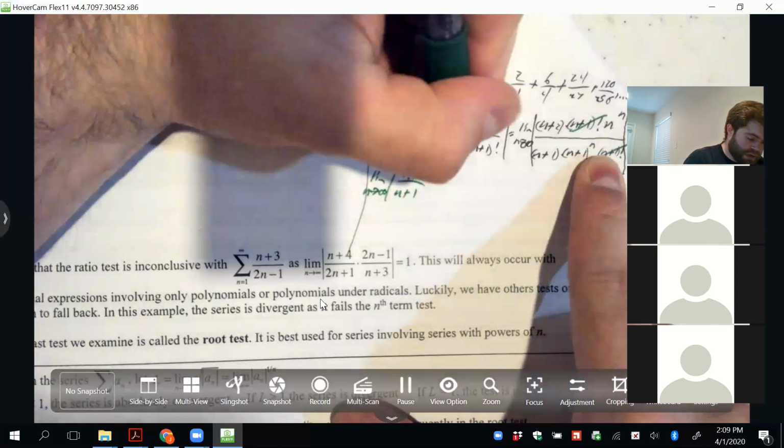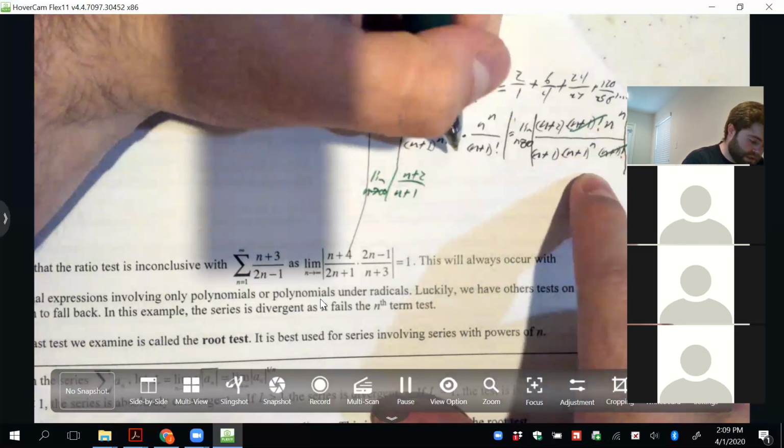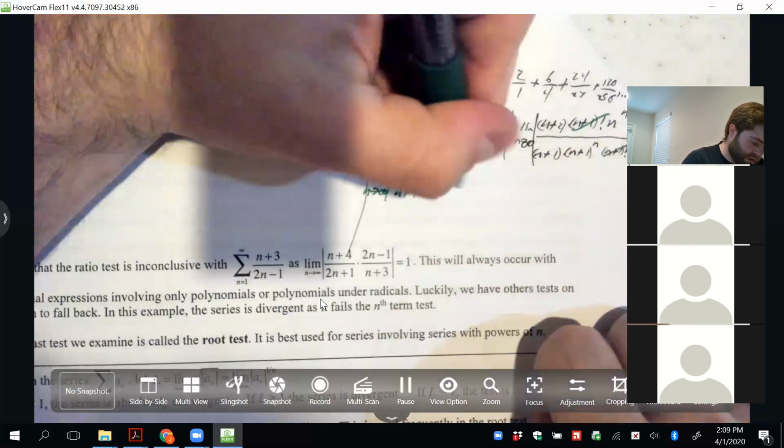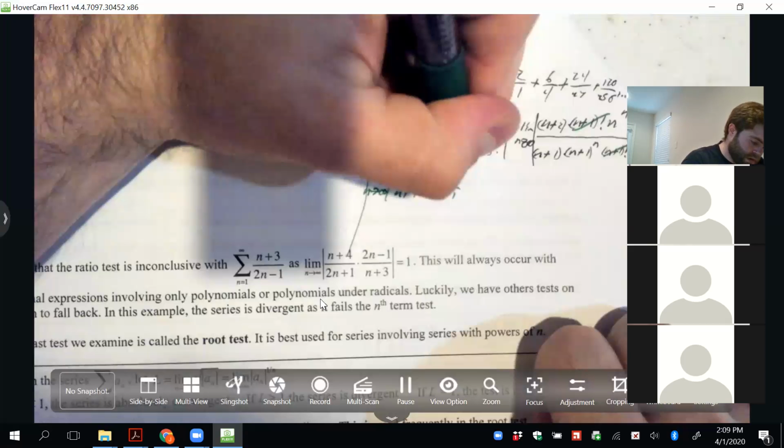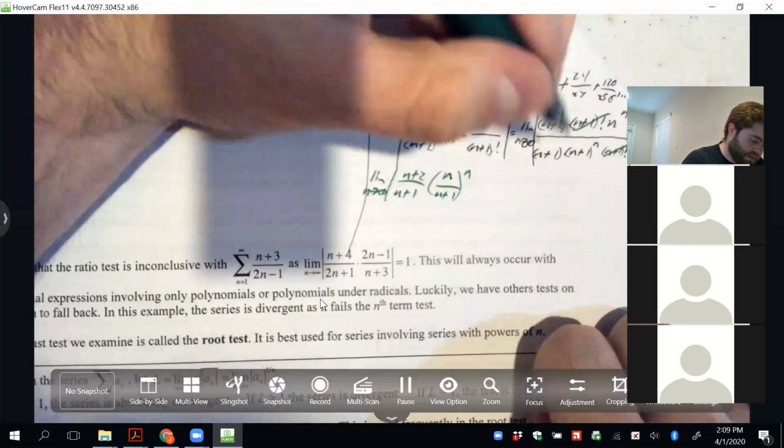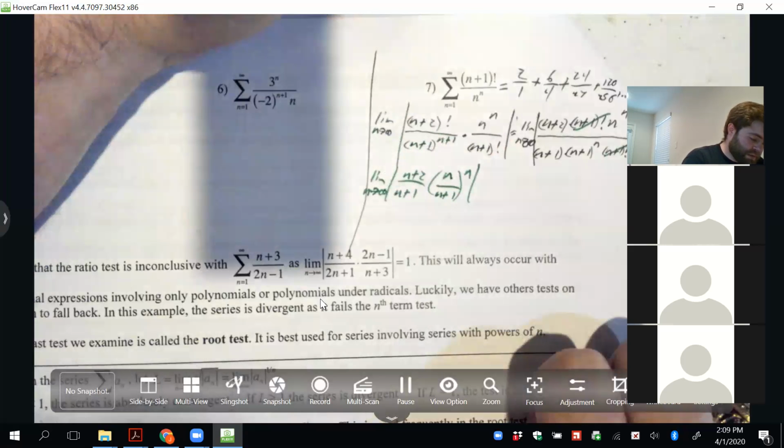Well, I can put that together and write it as n over n plus 1 to the n power. And so that's what we have right here.